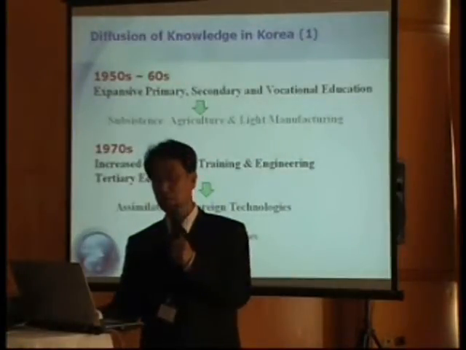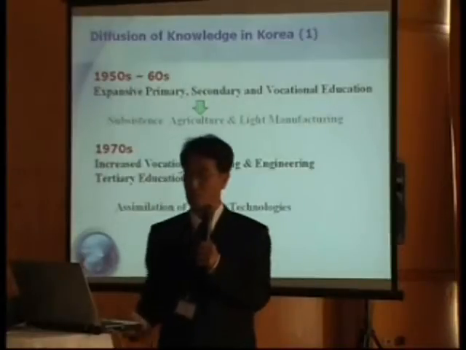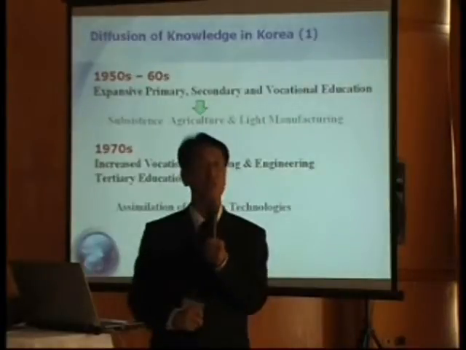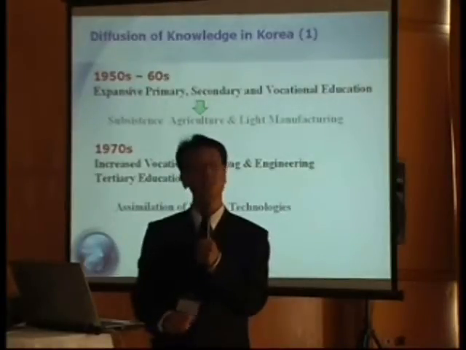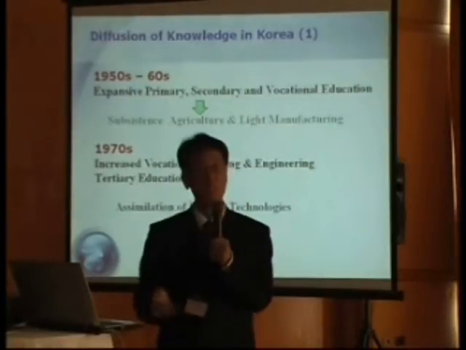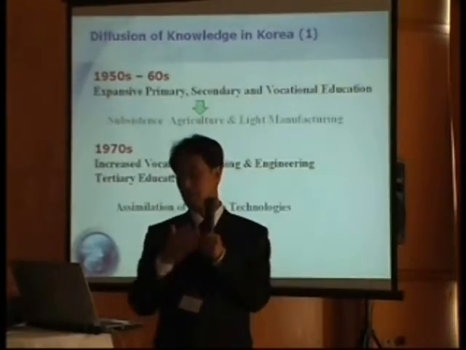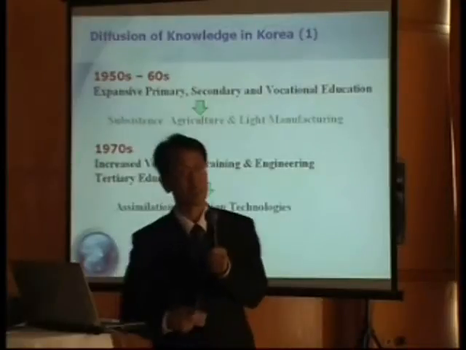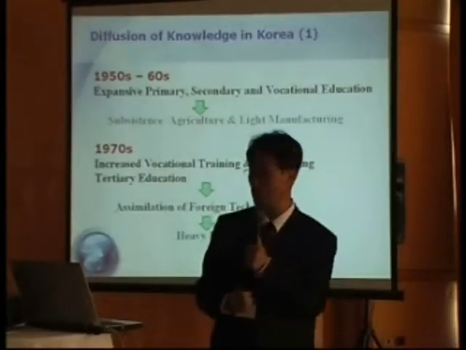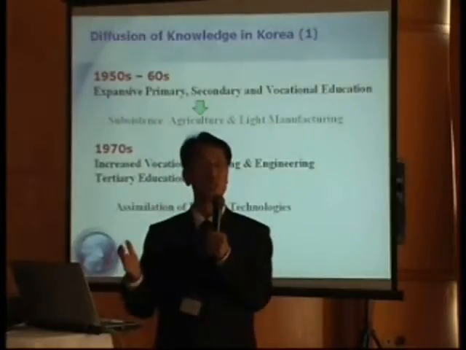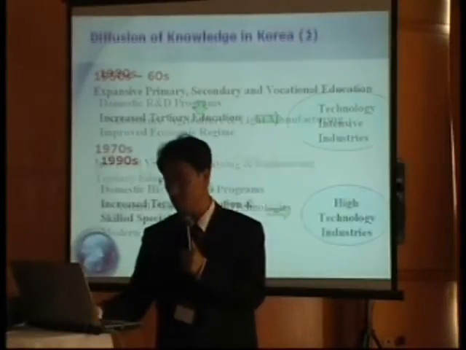In the 1950s and 60s, of course, we emphasized expanding primary, secondary, and vocational education to support light manufacturing industry. Then in the 1970s, we increased vocational training and engineering while slightly expanding tertiary education to supply manpower for budding heavy industries.